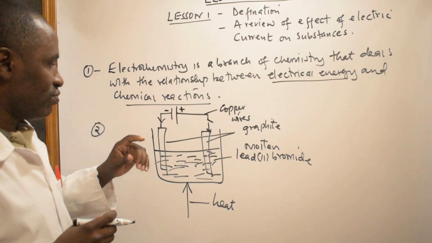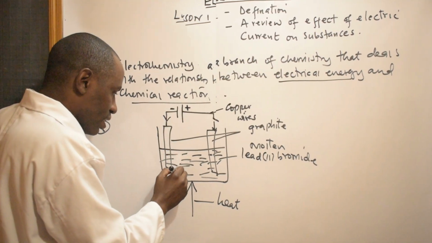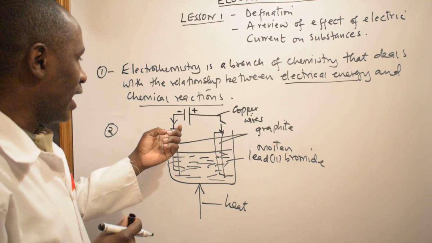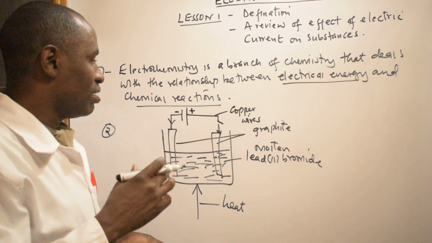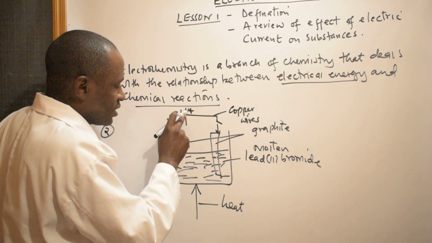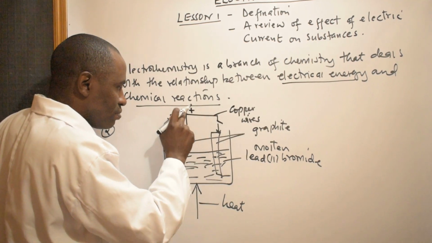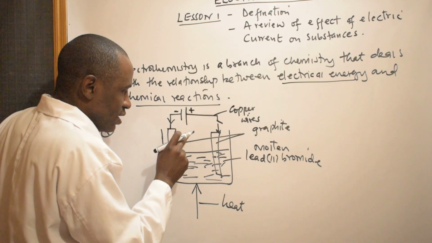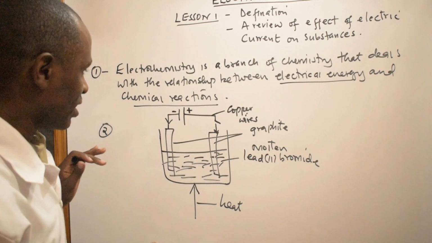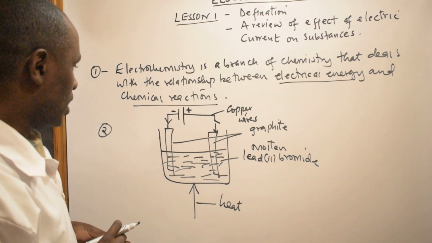We must have mentioned in Form 2 that the positive side is electron deficient, in other words, it has fewer electrons than protons. So the positive terminal is going to take up those electrons, while the negative terminal will be releasing them. Basically, that is what we talked about.